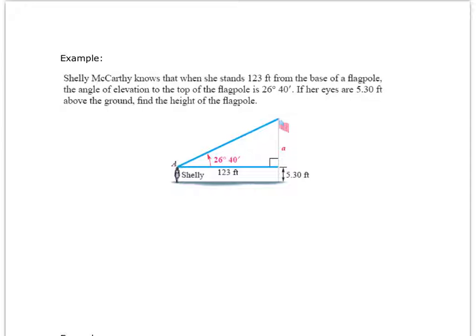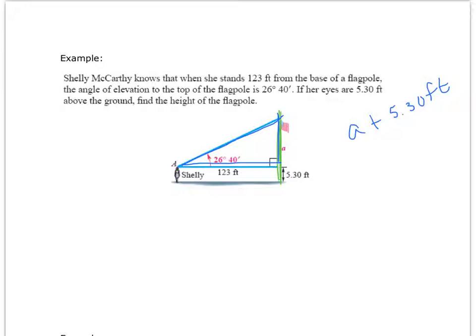So this, we're looking for the whole thing. But right now, we are just going to deal with this triangle here in blue. And once we find side A, our final answer is going to be A plus the 5.30 feet.